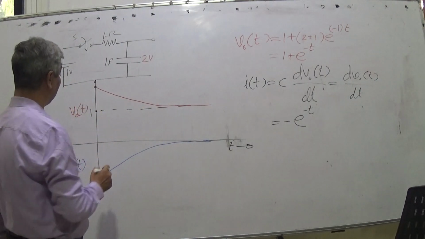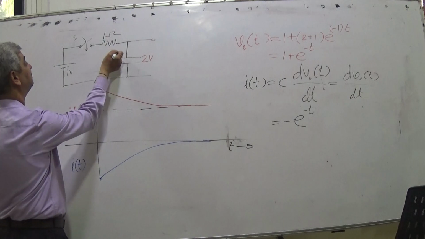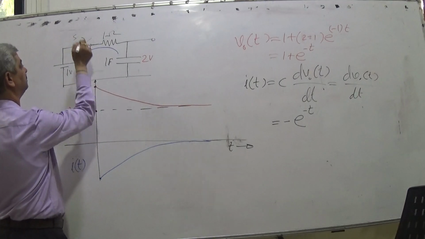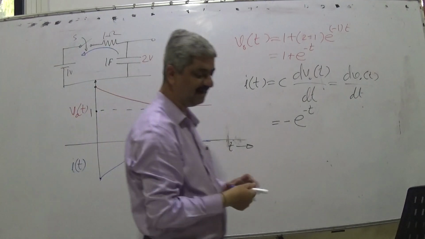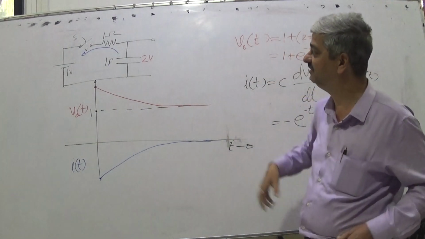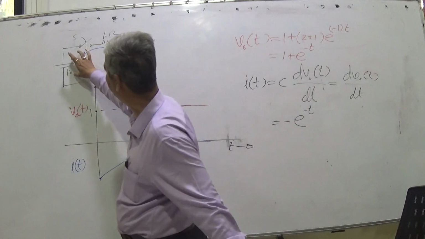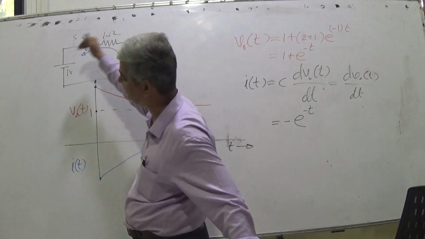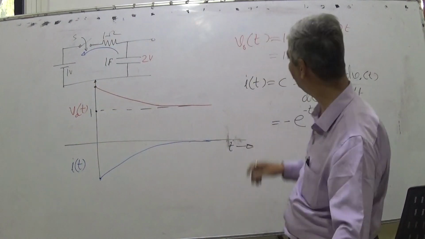The current is minus, which means the capacitor discharges. The moment at which you connect the switch, this voltage is 2 volt, this is 1 volt, current will flow in this direction, right?